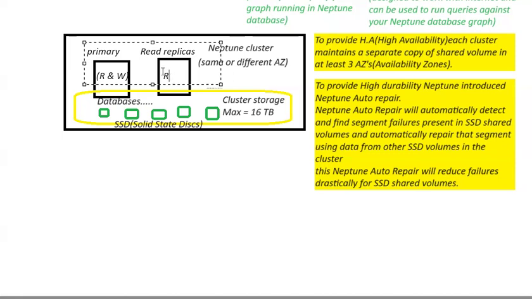So based on round robin, it distributes the traffic to the primary or read replicas, and for the read request that you provided, you get the response in very little time, that is, with low latency.